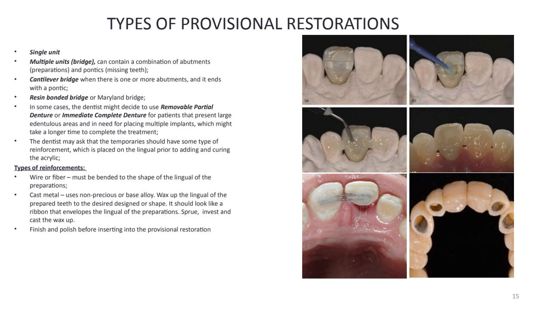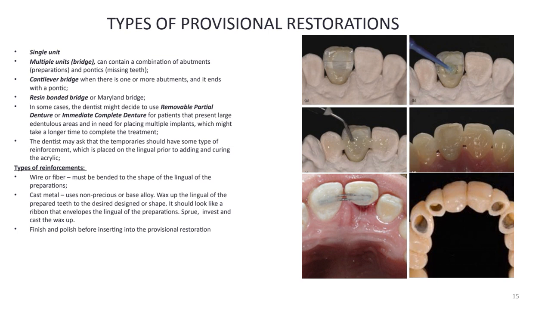So for reinforcement, we have a different array of materials, from wires and fibers. The fibers and the wires should both be braided, because if they're not braided, they're going to move inside the restoration. So they're not going to be stable, okay?